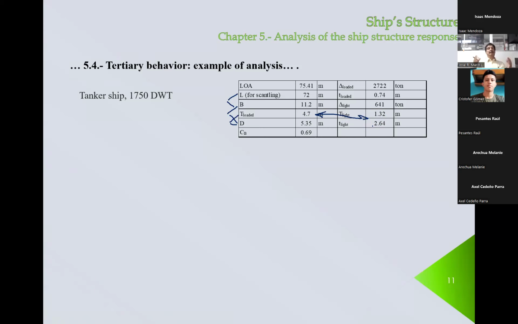In that condition, LCB is not equal to LCG. Remember that LCB and LCG are usually expressed in an axis which points parallel to the baseline.